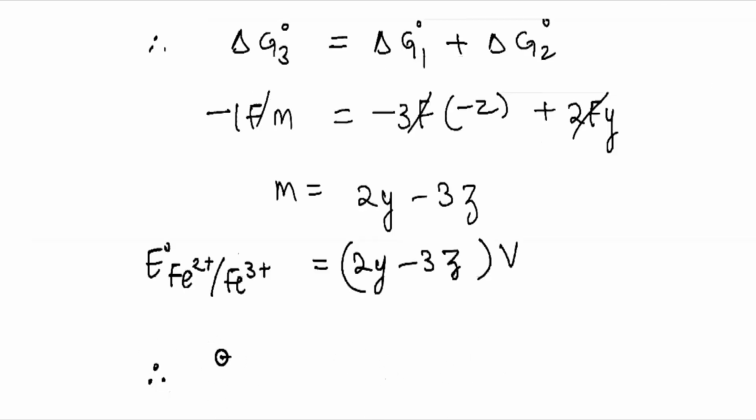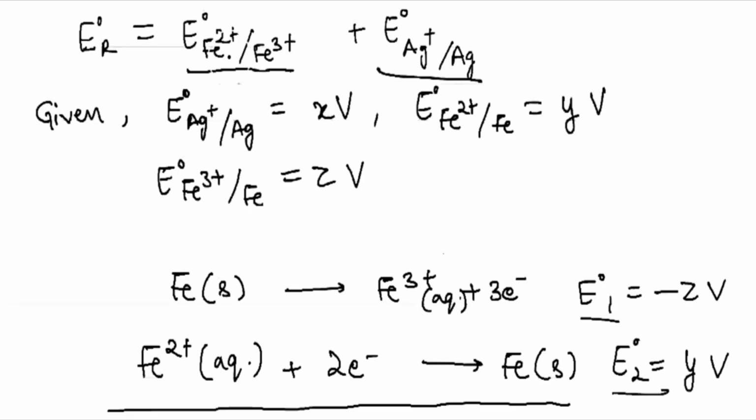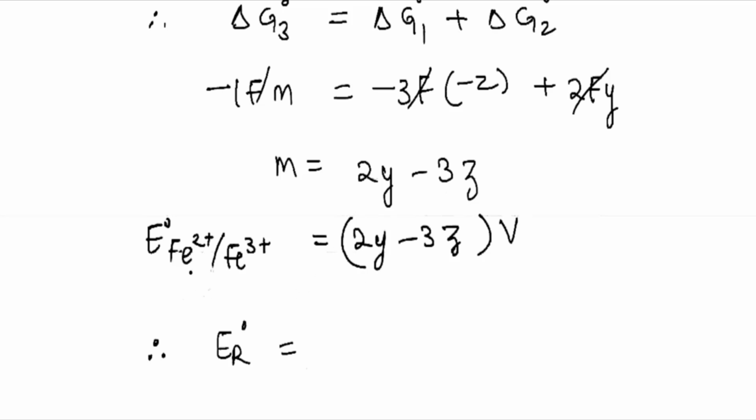So therefore E naught of the reaction is equal to E naught for Fe2 plus gives Fe3 plus, E naught value of Ag plus gives Ag. So E naught value of Fe2 plus converted as Fe3 plus is 2Y minus 3Z, and E naught value of Ag plus converted as Ag is X. So our final answer will be X plus 2Y minus 3Z.